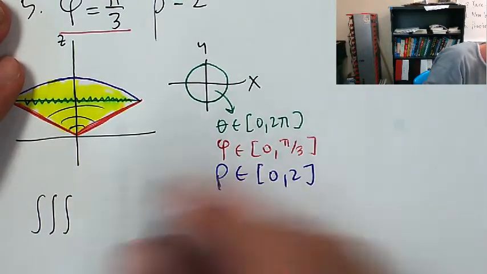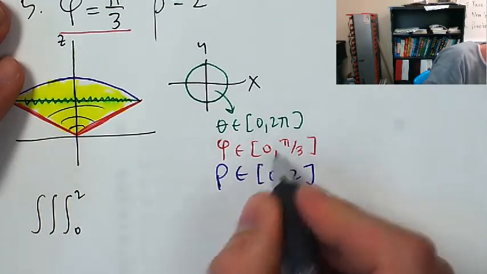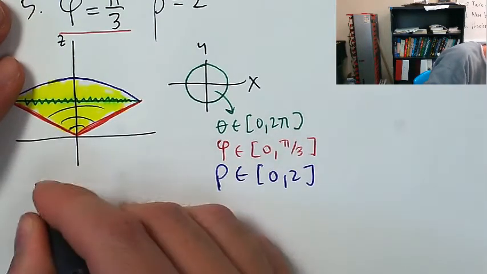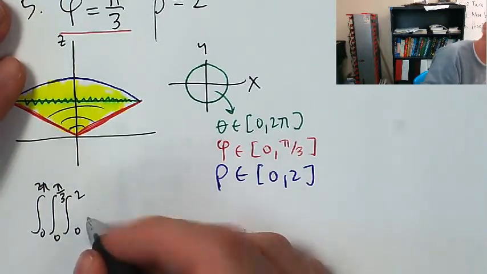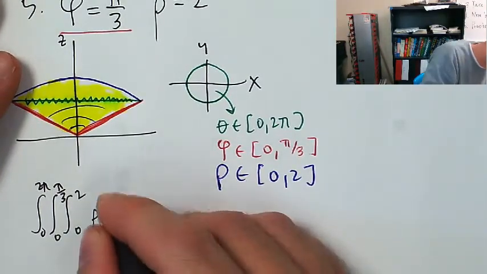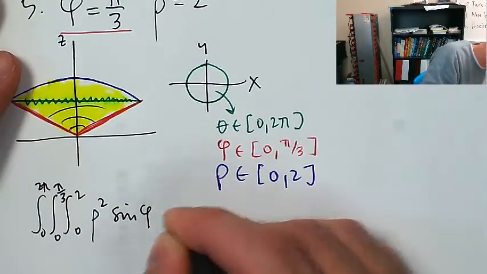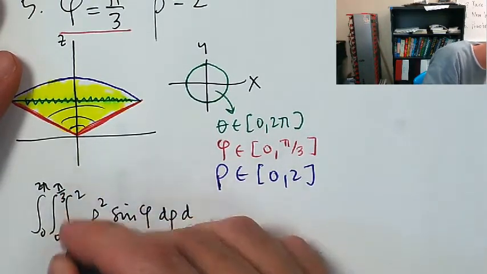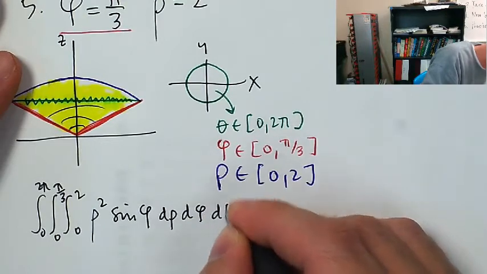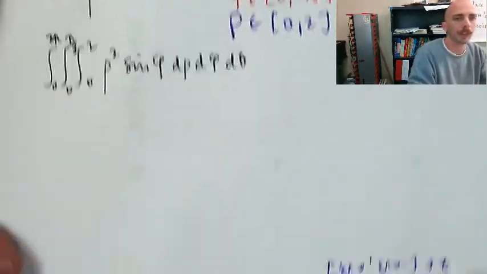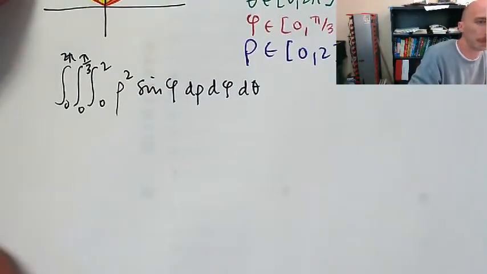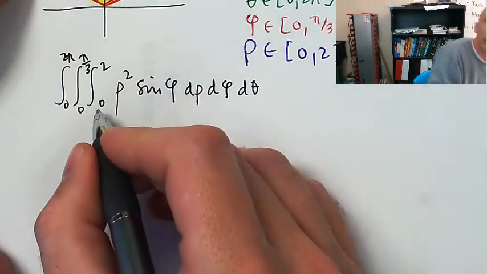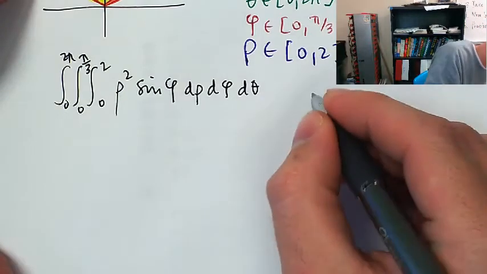Rho 0 to 2, phi 0 to pi over 3, theta 0 to 2 pi. Okay, dV is equal to rho squared sine phi d rho d phi d theta. Now I'm just going to get to computing. This is 1/3 rho to the third from 0 to 2. That's going to be 8/3.